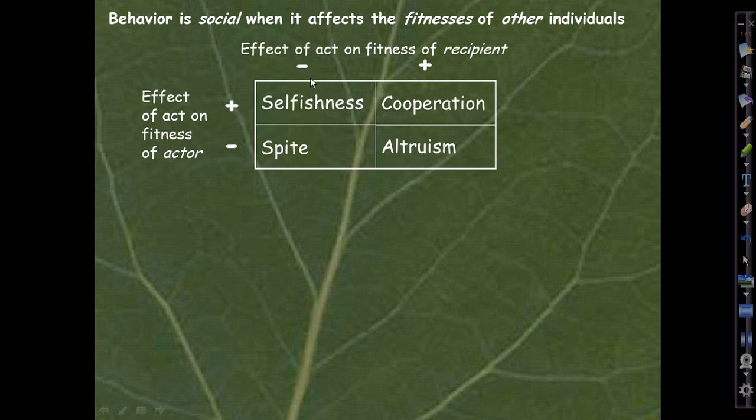Then the question is, what's it do to the fitness of the individual that you're interacting with, say, your little brother or sister? Well, it could be a negative effect, in which case we would classify the act as selfish from the point of view of the actor. I help my fitness and hurt yours.